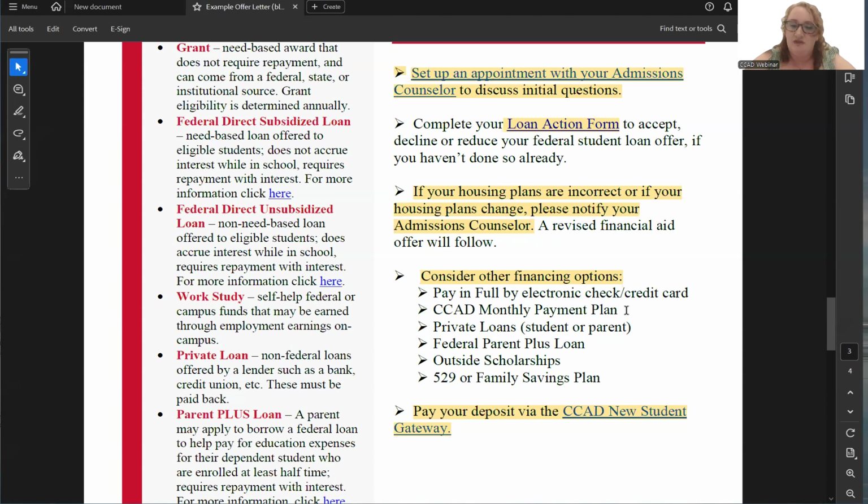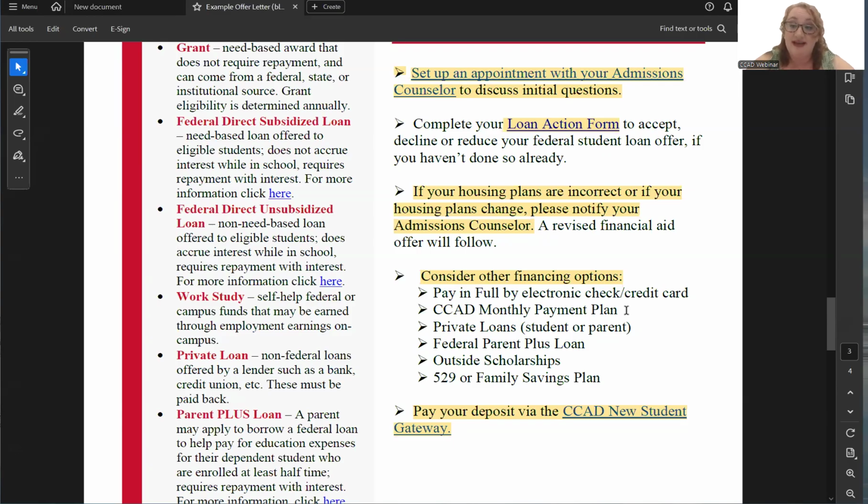The next option we like to suggest is taking out a private loan. The student can either take out a private loan or the parent can take out a private loan in their name as well if they'd like. This is basically you going to a bank or a credit union, showing them this letter and them giving you a certain monetary amount with a corresponding interest rate, okay?